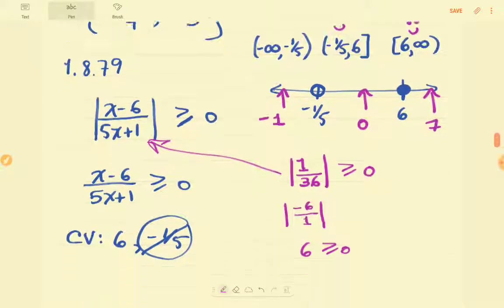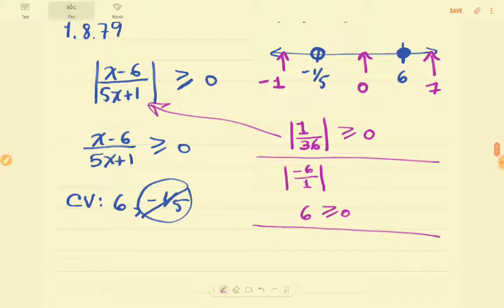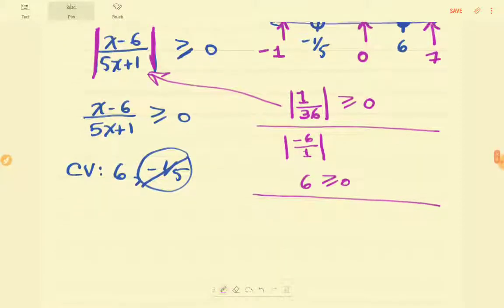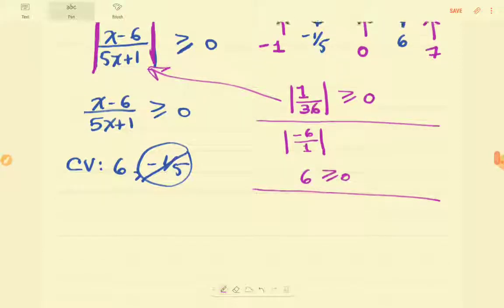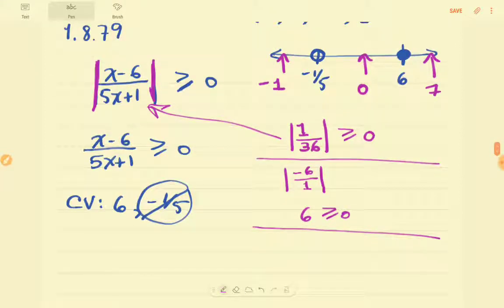You may be noticing by now that no matter what, we're going to have a greater than or equal to 0 result, because the absolute value means it's a distance, which is positive, and positives are always greater than or equal to 0. So this is all very trivial. We shouldn't even be going this far with it.